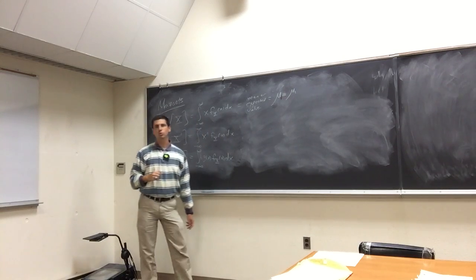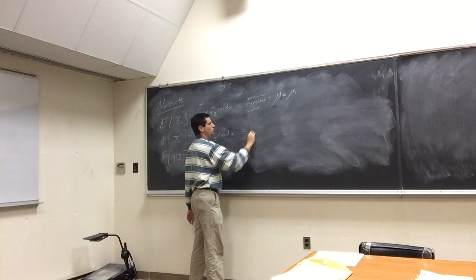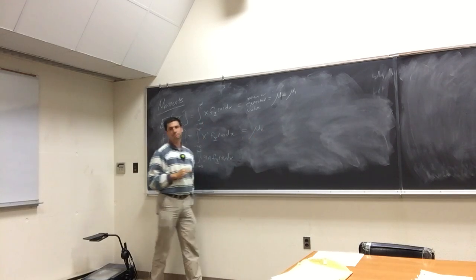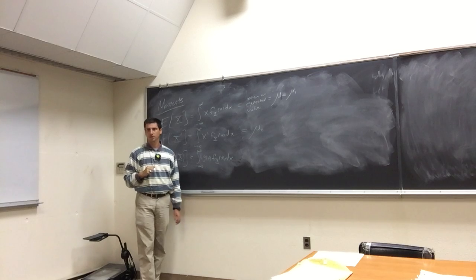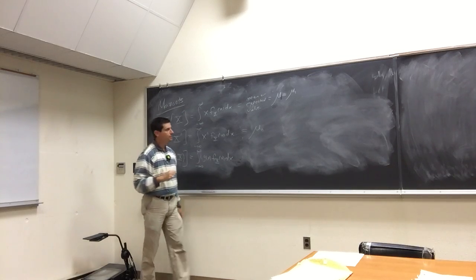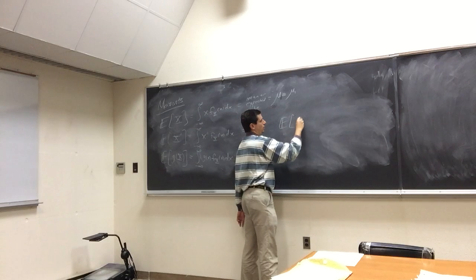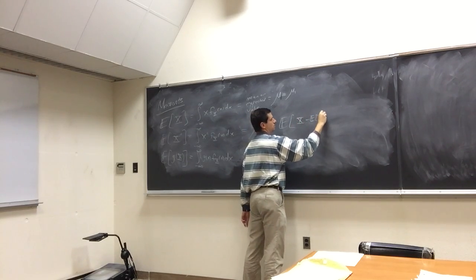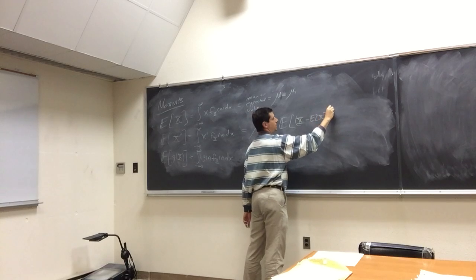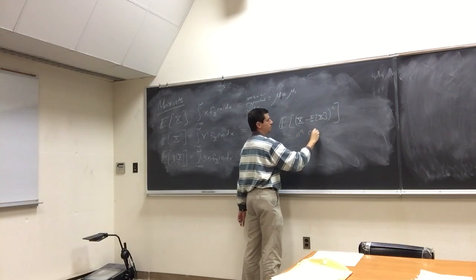Sometimes we'll denote it by mu1. The reason we'll denote it by mu1 is because over here, we'll denote that by mun for the nth moment. Okay? And then one of the things that we often look at is the expected value of x minus the expected value of x to the nth power. And this is called the nth centered moment.